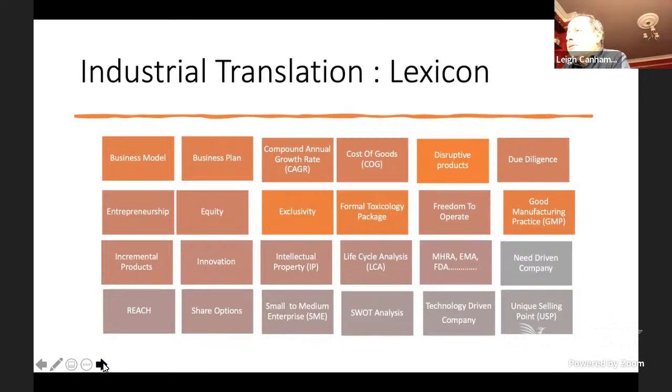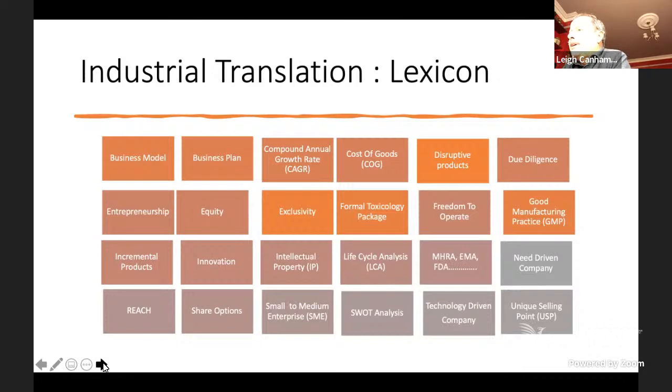So I'm sure most of you have heard of things like a business model, which is basically how a company plans to make profits and succeed. And that's based around a business plan. There are different types of products.